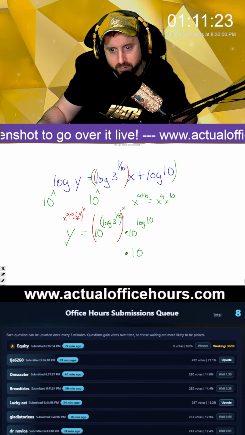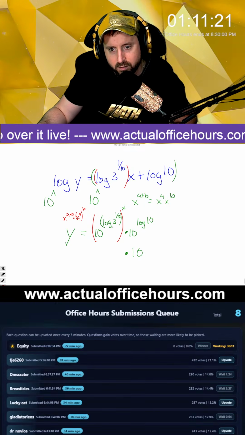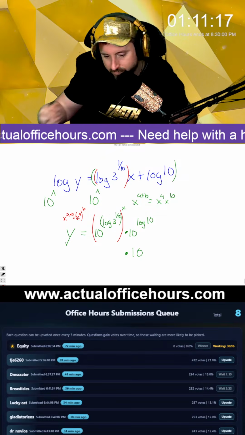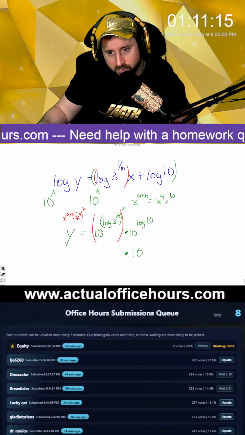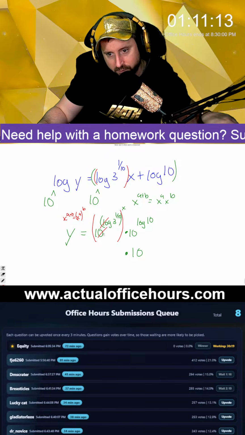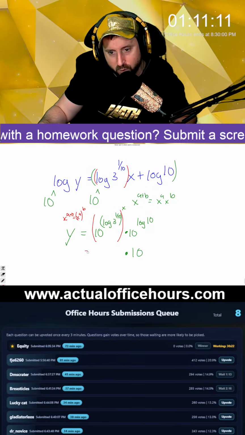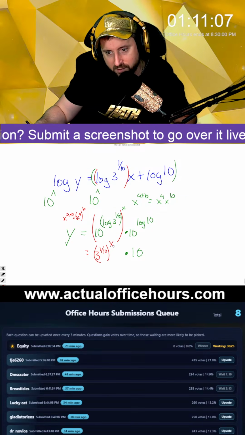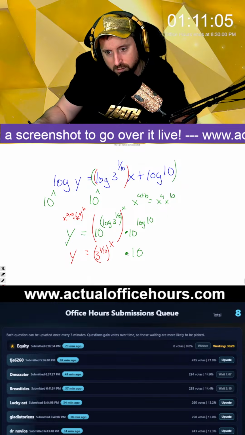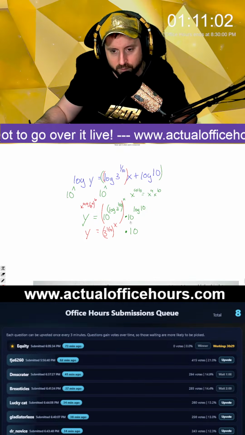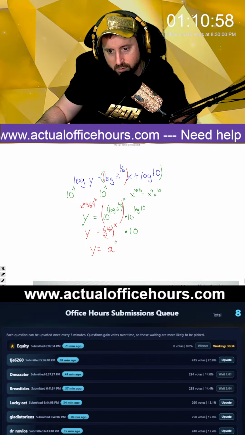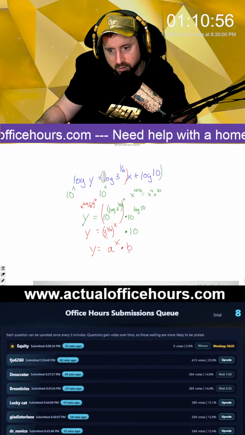And now here, this is the same thing as, so 10 to the log base 10 of something, that cancels. And so you just get 3 to the 1/10. But then all of this is to the x. And so this follows your form of y is equal to a to the x times b.